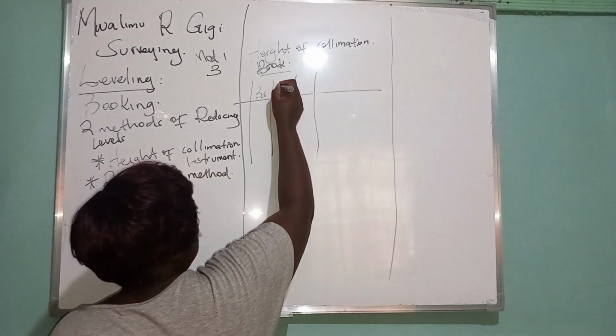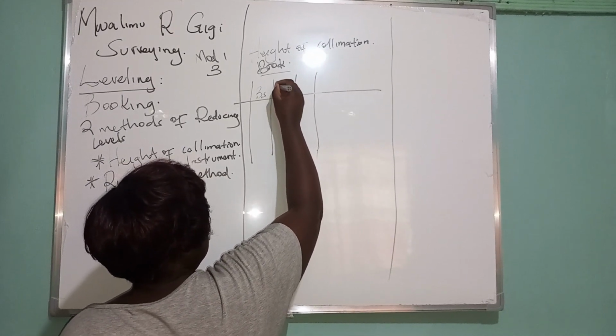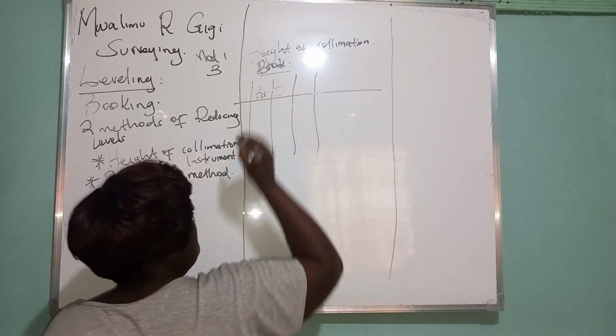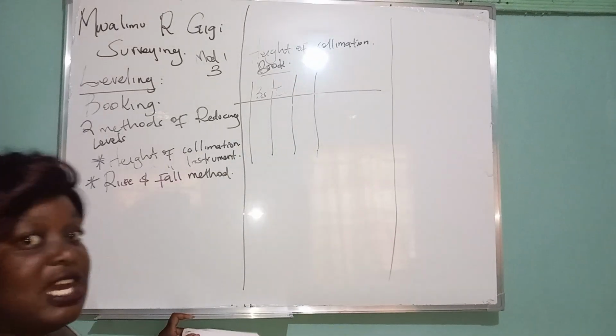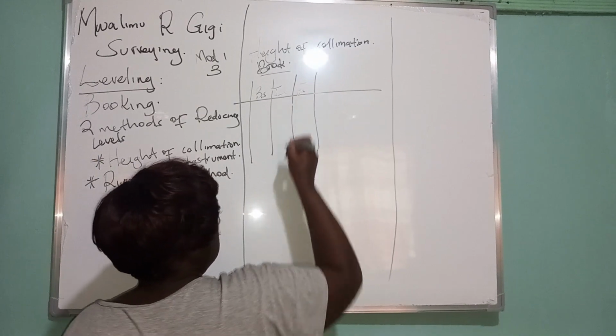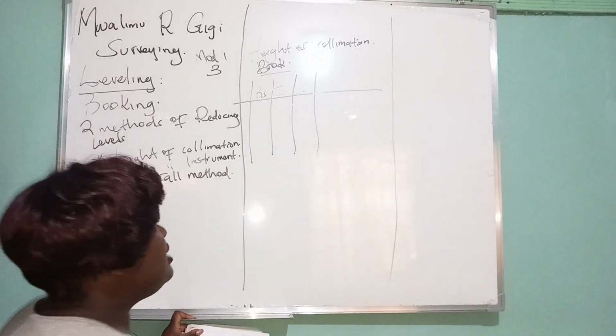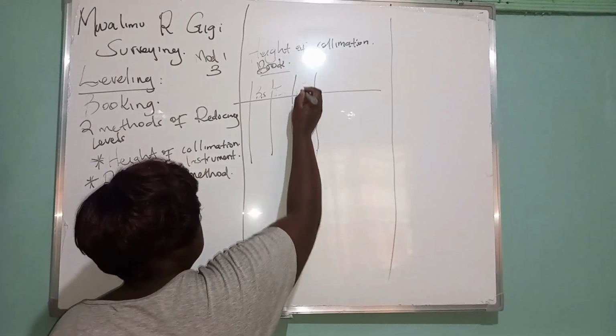Then we have the intermediate sight, any other reading between the first reading and the last reading. And we have the foresight, which is the last reading taken.